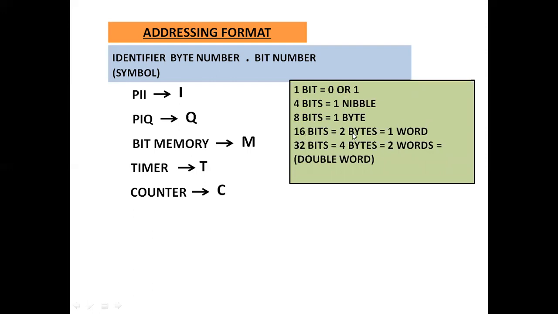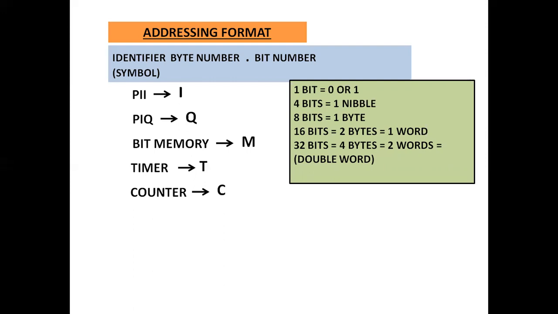Similarly, 16 bits is equal to 2 bytes, equal to 1 word. 32 bits is equal to 4 bytes, equal to 2 words, also known as a double word. So this concept you must remember. It is similar for all PLCs. They use the bit, byte, word and double word concept for addressing or storing your data in this format.